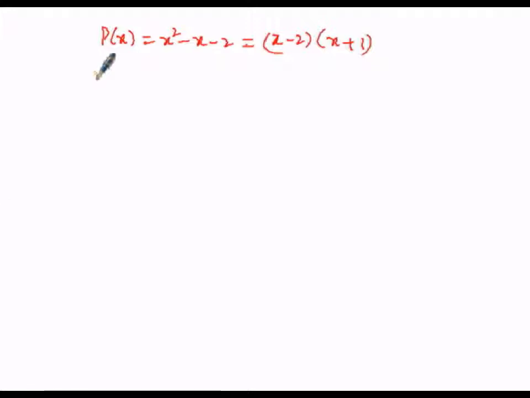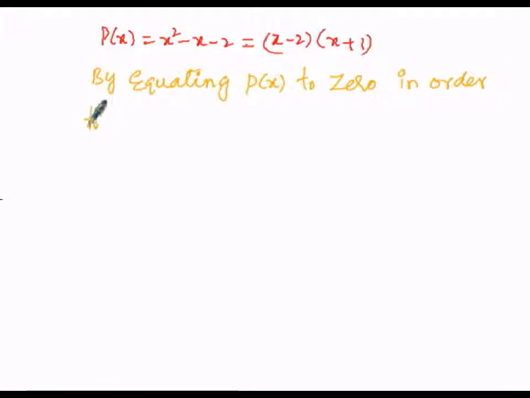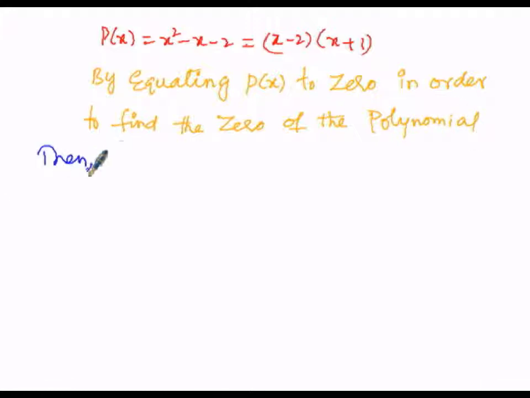So by equating p of x to 0 in order to find the zero of the polynomial, then this polynomial p of x, that is x square minus x minus 2, or in other words x minus 2 into x plus 1, must be equated to 0.